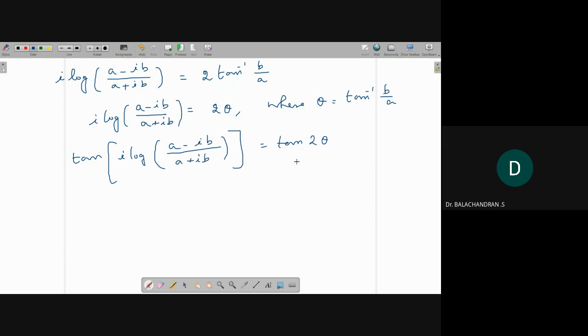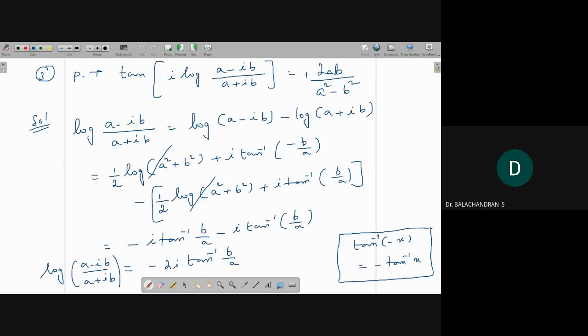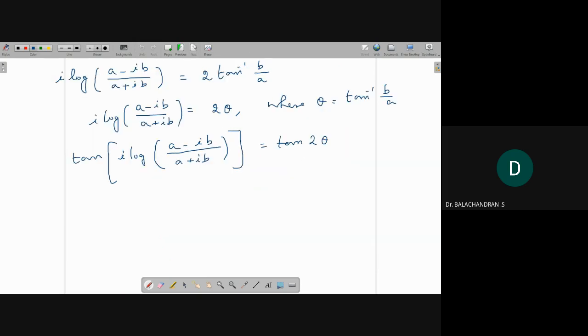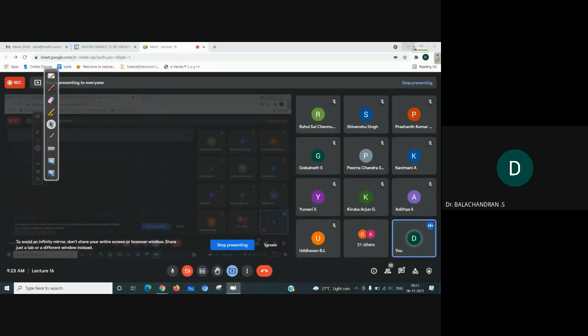Okay. So now the final answer is in terms of a, b. So what is tan 2 theta in terms of tan theta? Anybody?